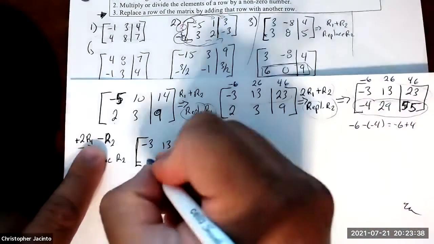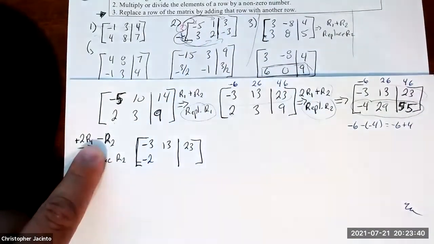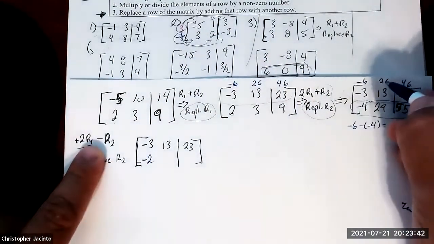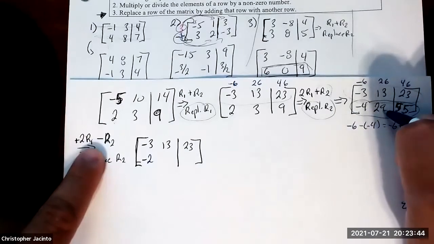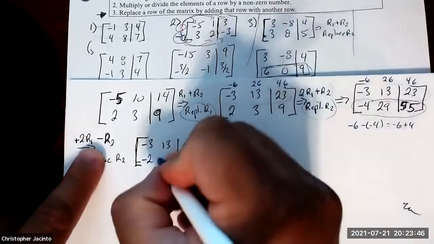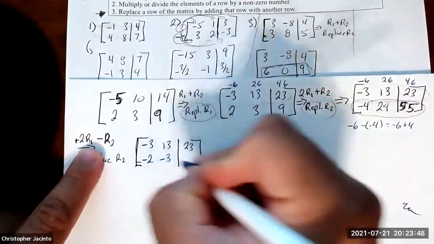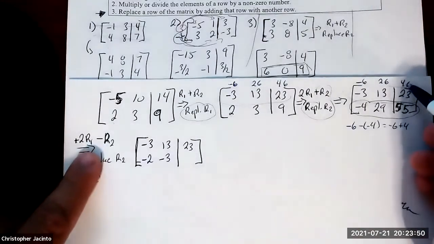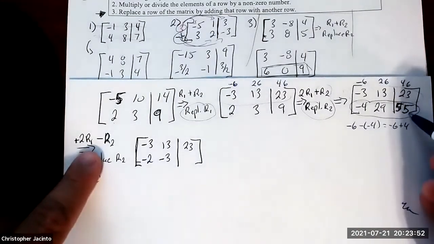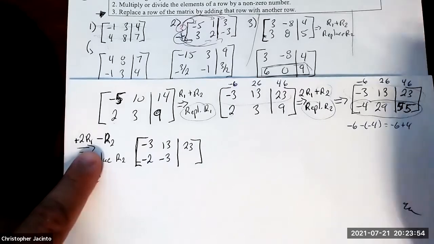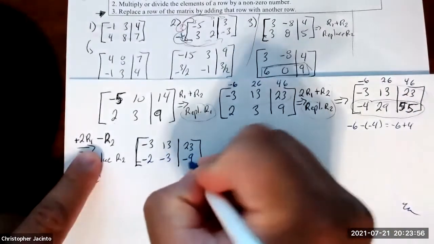So it's going to be -2. So 26 minus 29 is -3. And then lastly, 46 minus 55. And I think that's -9.